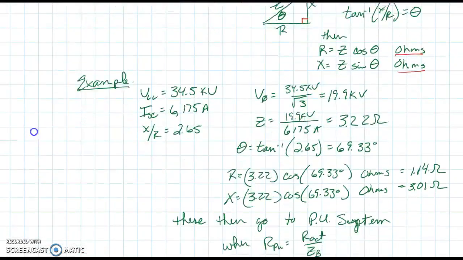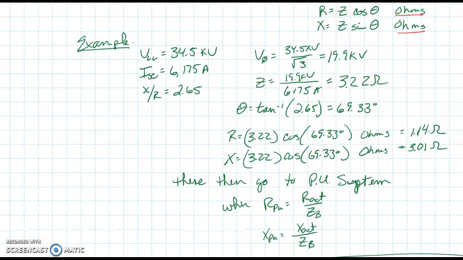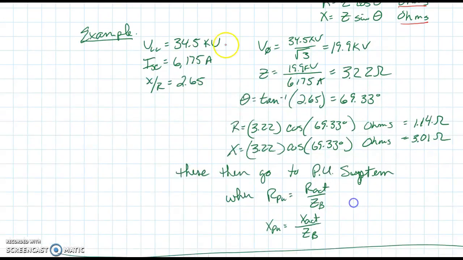So here's an example. We called the utility company and said, hey, we're at so-and-so address. What does your system look like that serves this property? They tell us that the line-to-line voltage is 34 kV, the short circuit current is 6,175 amps, and the X over R ratio is 2.65. From that, we can calculate the phase voltage and the magnitude of the impedance.